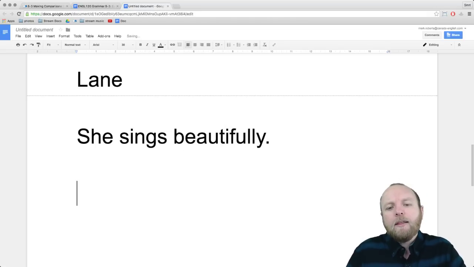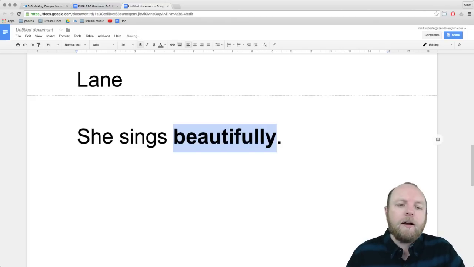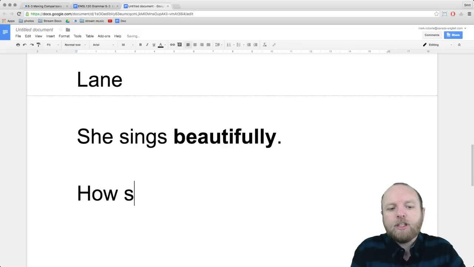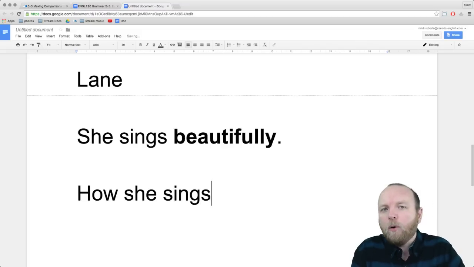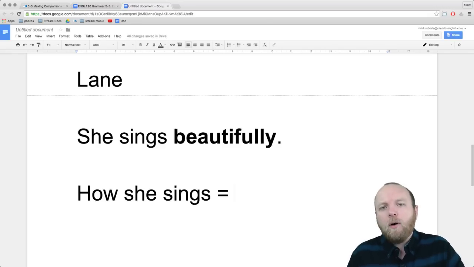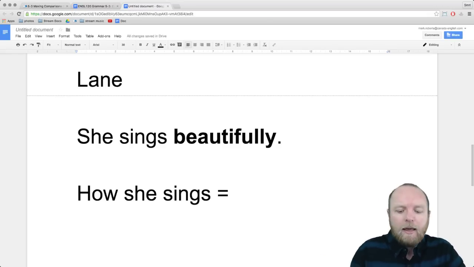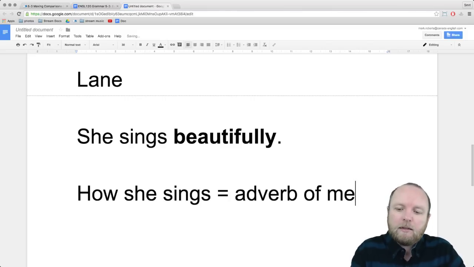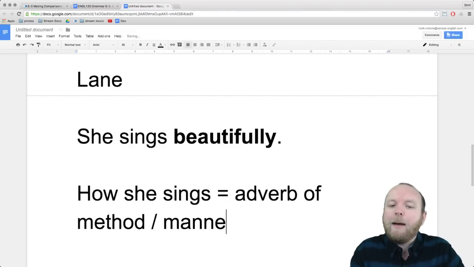Okay, this adverb is describing how she sings. And if you're talking about how an action is done, how somebody does something, we usually call this an adverb of method or an adverb of manner.